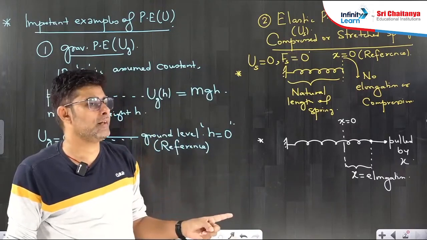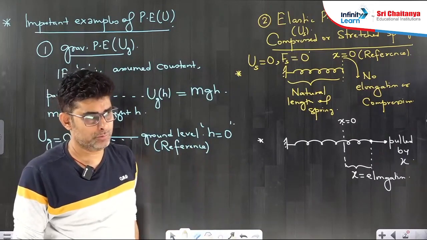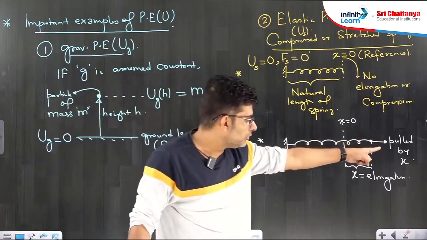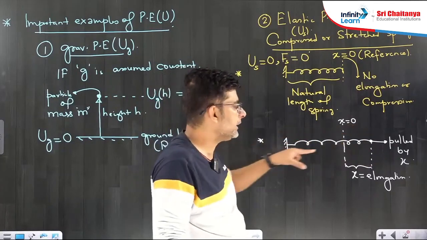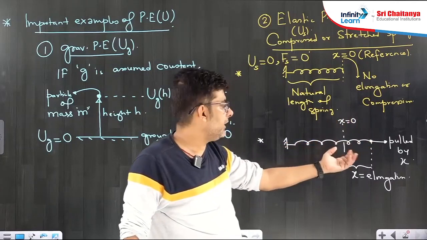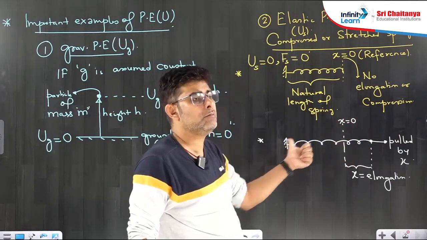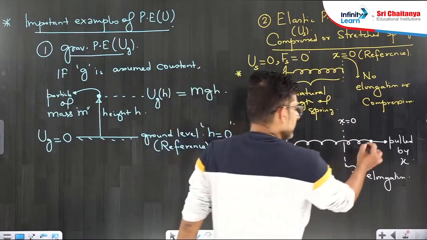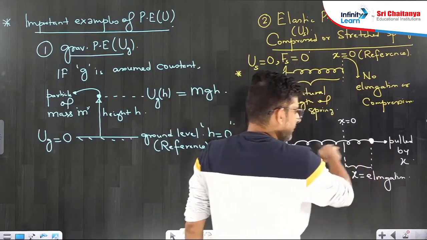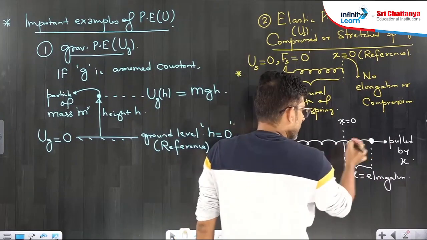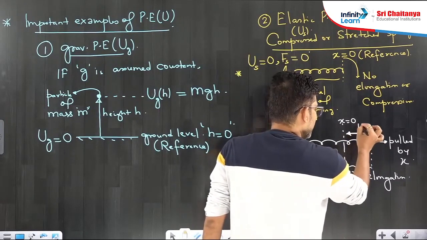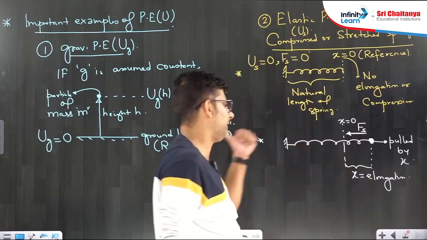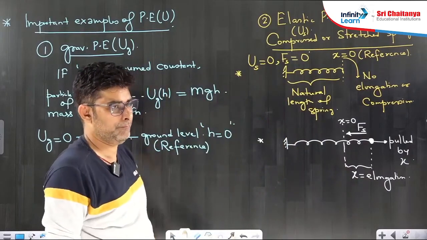Whatever you do to the spring, it will do the opposite to you. So what have you done to the spring? You have pulled it forward. So the spring will pull you backwards. If you pull this end by x, the spring force in this case will act oppositely. So there will be spring force Fs acting backwards.